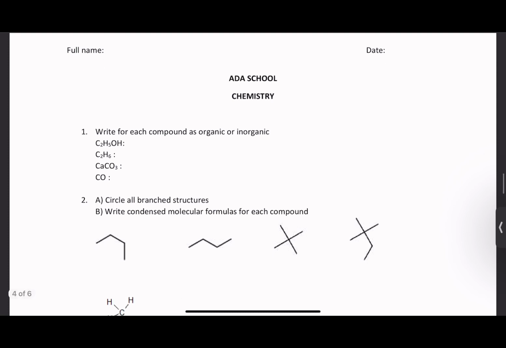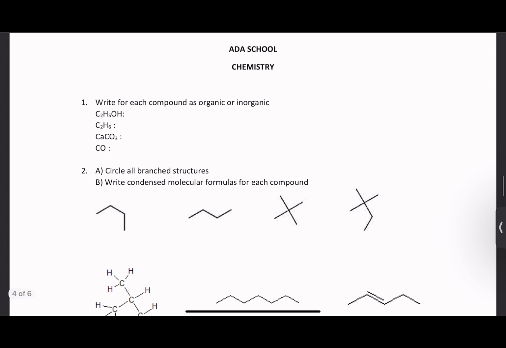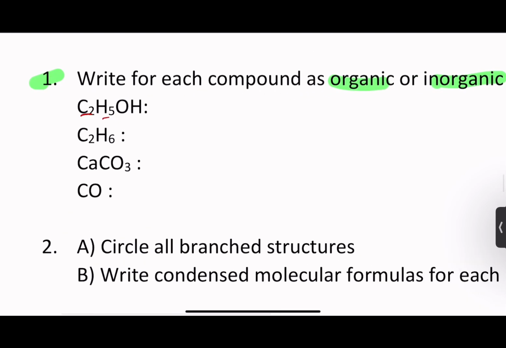Now we're in the next worksheet. We're going to write down which of these compounds are organic and inorganic in the first question. This one has carbon, hydrogen, oxygen. It is not a hydrocarbon, but it is organic. It's ethanol.